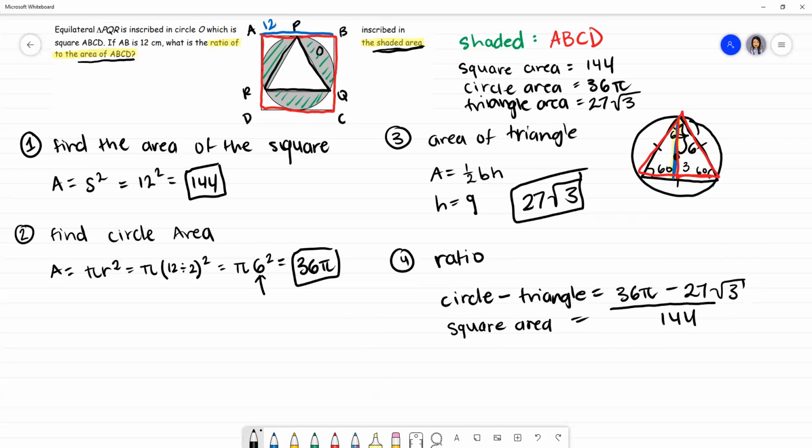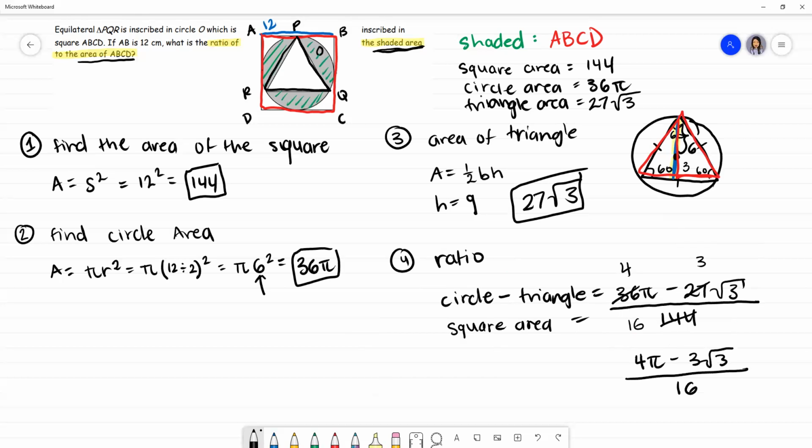And we can just put this ratio in fraction form. So we can simplify this. Both are divisible by 9, so this would turn into 4, and this one would turn into 16. This one would turn into 3, so we get 4 pi minus 3 square root 3 over 16.